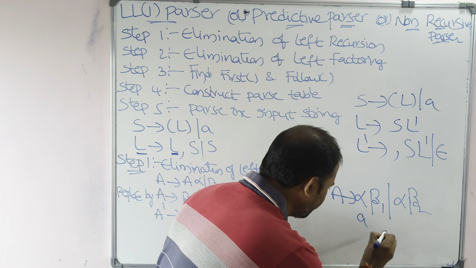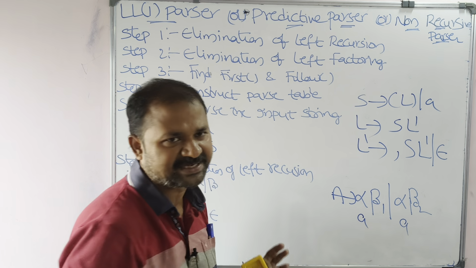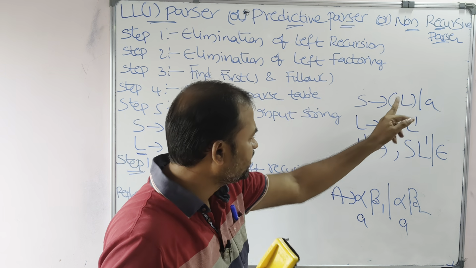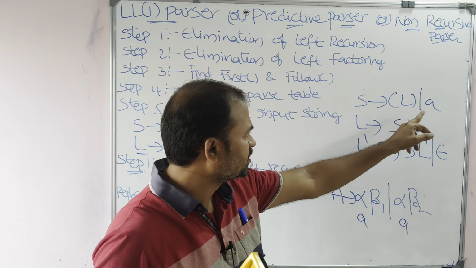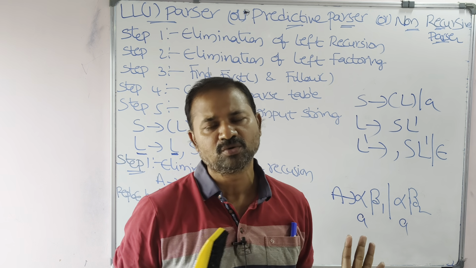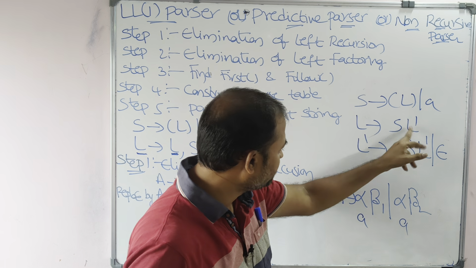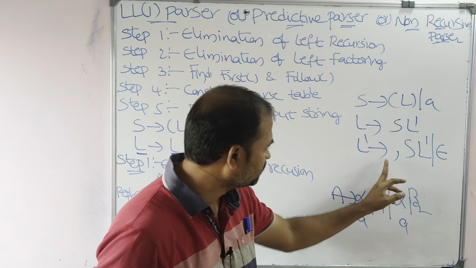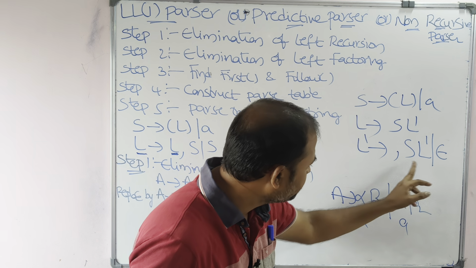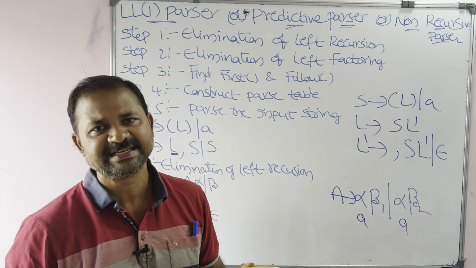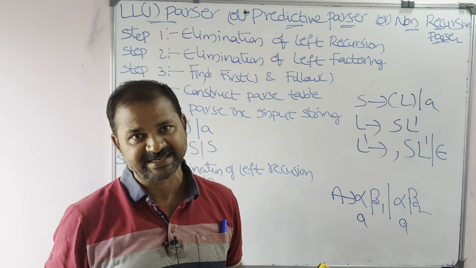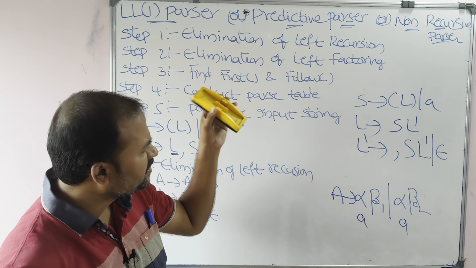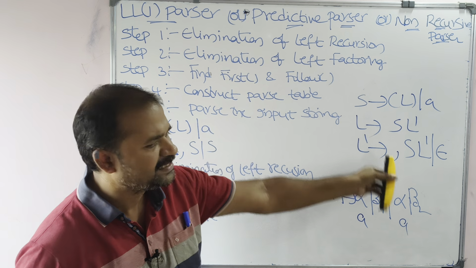If here we have A, then here also we must have A. If you observe here, we have 2 productions, but there are no same set of symbols. The second one has only one production. If you observe this also, no same set of symbols. So we can say that there is no left factoring. After eliminating left recursion and left factoring, this is the final grammar.